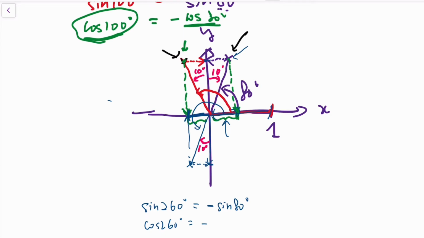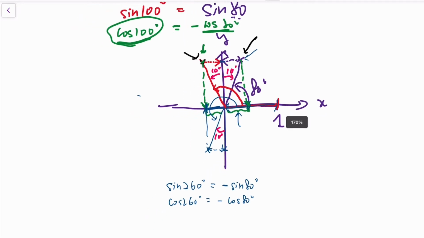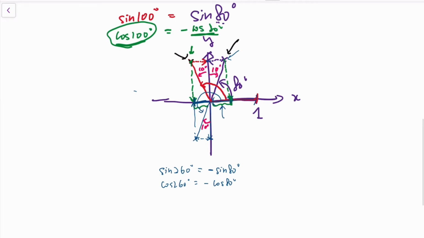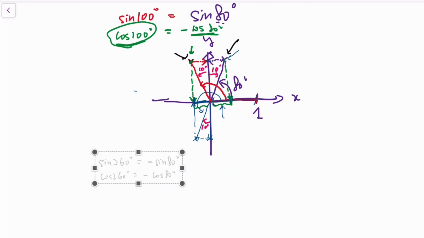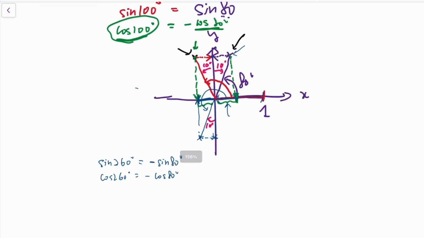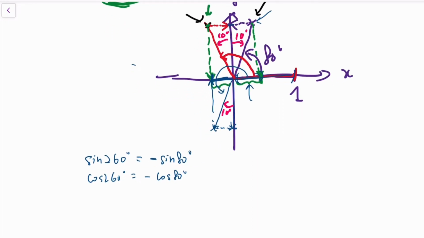So cosine 260 is the same as negative cosine 80. So far, so good, I hope. If you're confused, feel free to ask a question below or rewind and watch the video again. Now, if you are good with sine and cosine, then let's also do tangent.